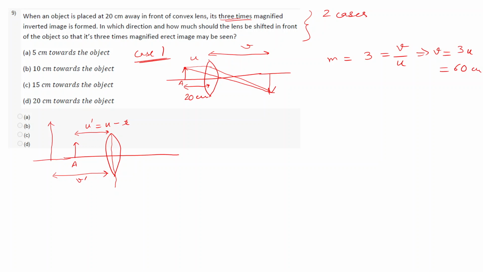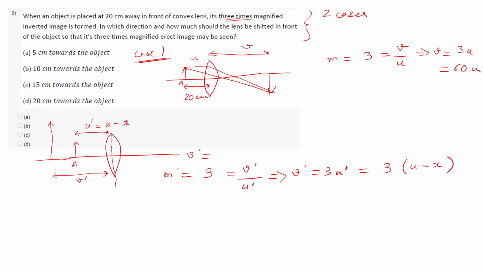And they are saying how much should we shift so that the image is 3 times magnified. So if the magnification has to be 3 times, again v prime divided by u prime, it implies that v prime is 3 times u prime and u prime is u minus x.